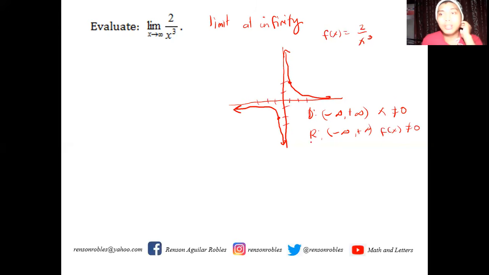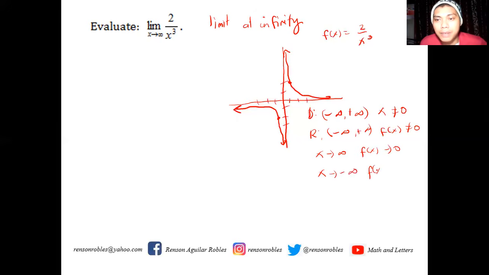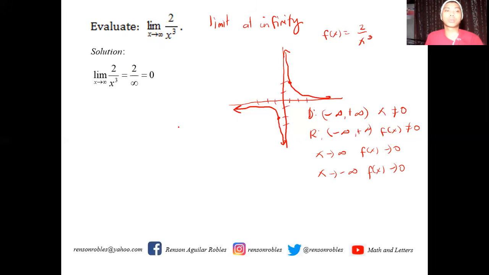And we know that as x approaches infinity, f of x approaches 0. As x approaches negative infinity, f of x also approaches 0. Which means the limit of 2 all over x cubed as x approaches infinity is equal to 0. So 2 divided by a very, very large number is equal to 0.